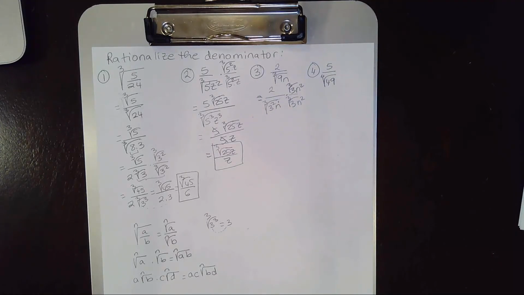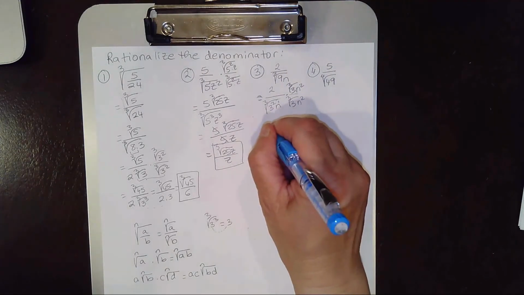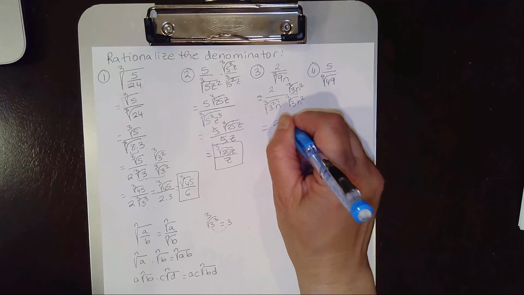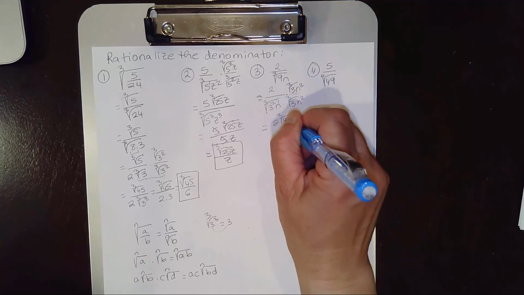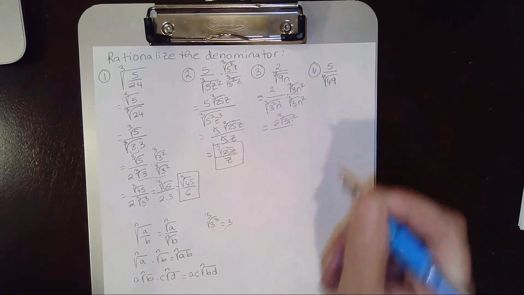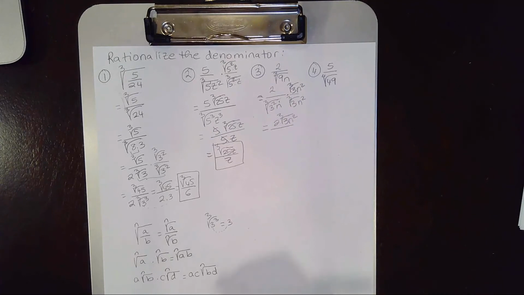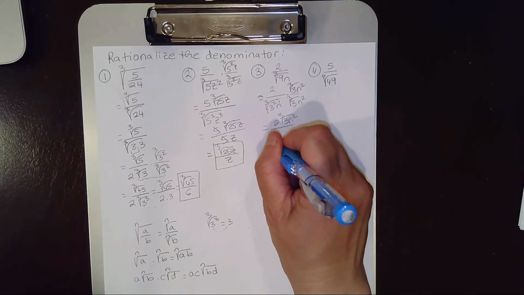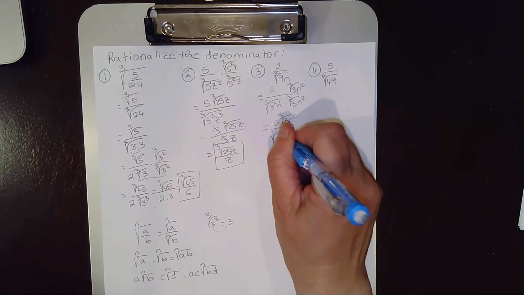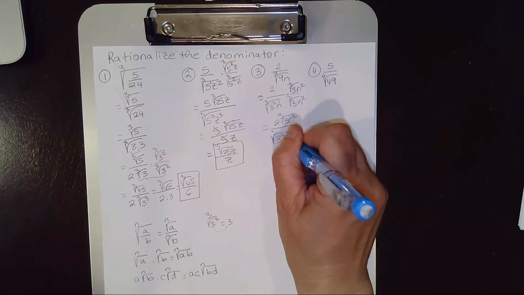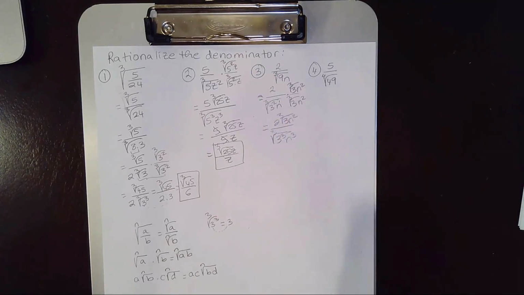So now this is going to give us 2 cube root of 3n squared divided by cube root of 3 cubed times n cubed. And if you notice, the 3 and the n come out.